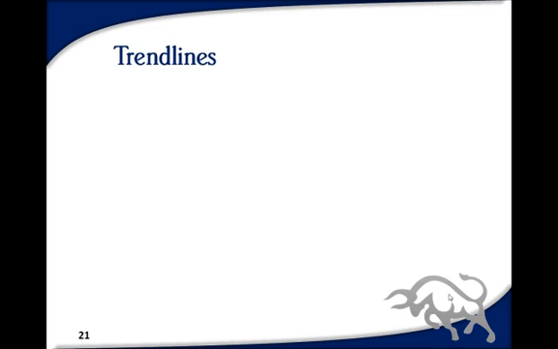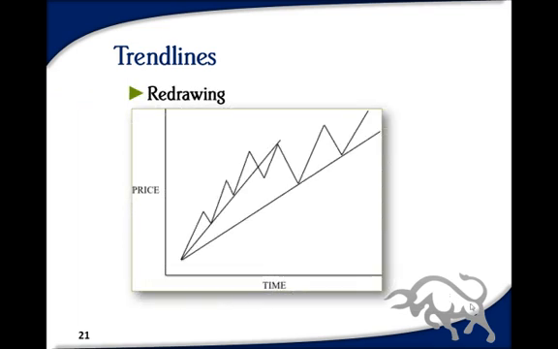Now here's an example of redrawing. The trend line started off steeply, like that chart we just looked at. It started off steeply and it was supported, and we got 3 touches. But then the price dropped through, came back up to touch the trend line, which became a resistance. But then it dropped back down, and we've got another couple of lows there, which form a straight line, which we take back to the start of the trend.